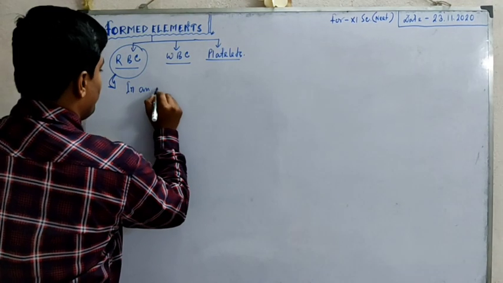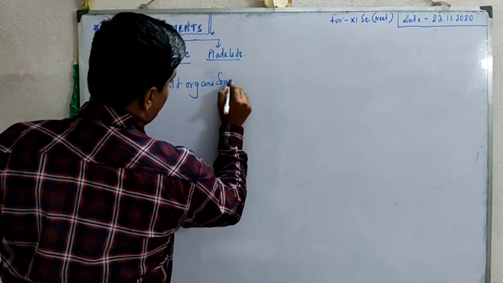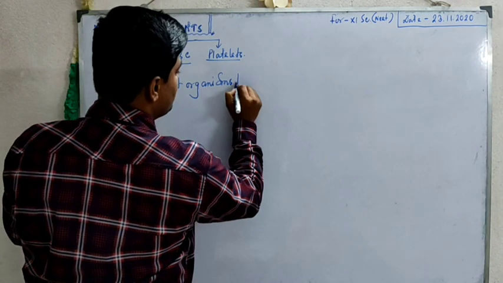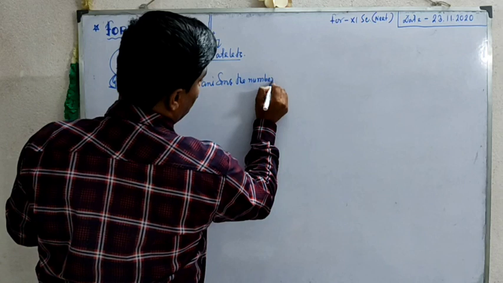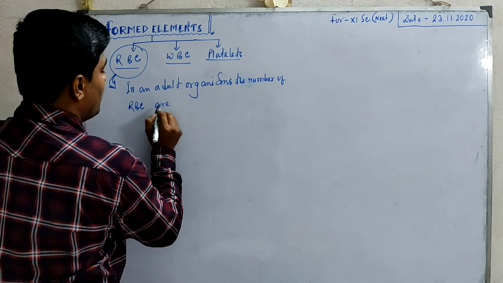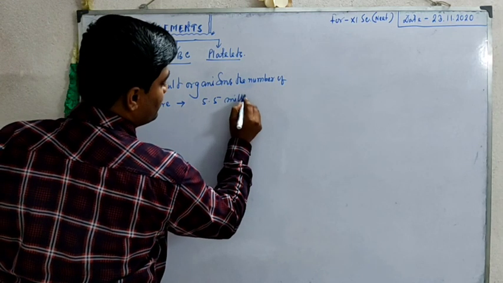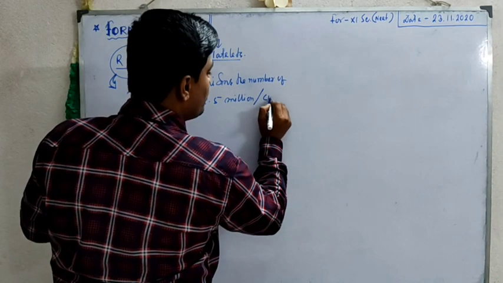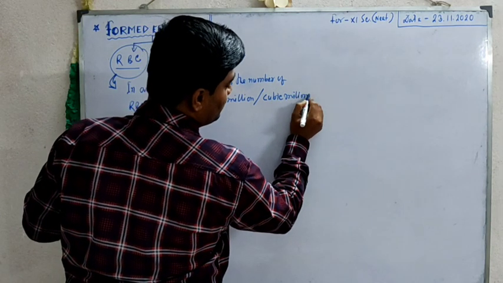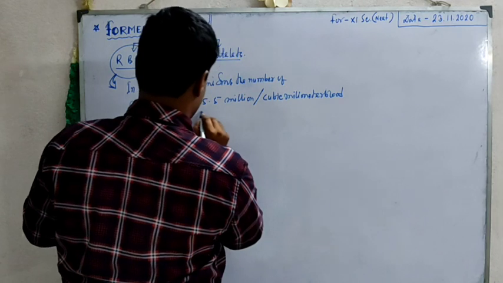In adult organisms, the number of RBCs is 5.5 million per cubic millimeter of blood.